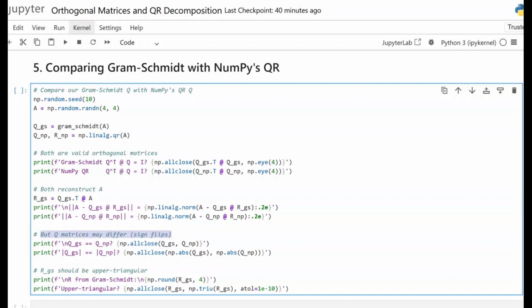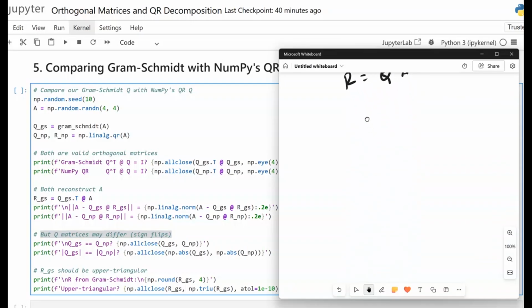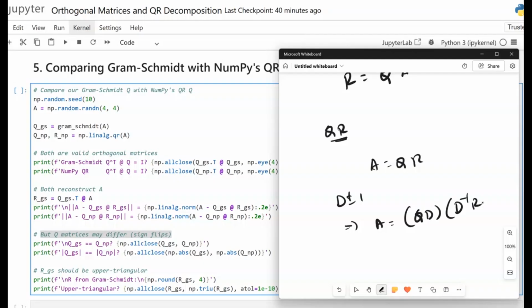I just want to specify one thing, dear friends, kindly observe here. QR is not unique. If A equals QR, then for any diagonal matrix D with plus or minus one entries, A equals Q multiplied by D multiplied by D inverse R. So columns of Q can differ by sign flips, and the corresponding rows of R adjust accordingly.